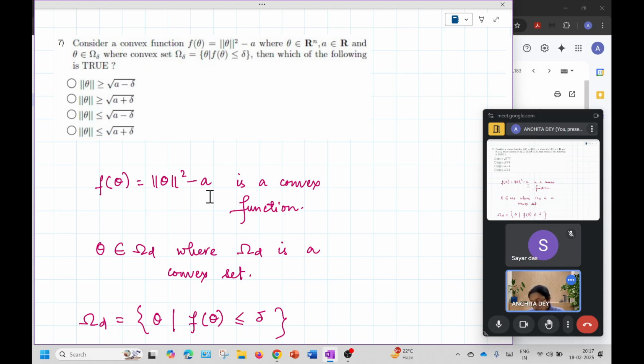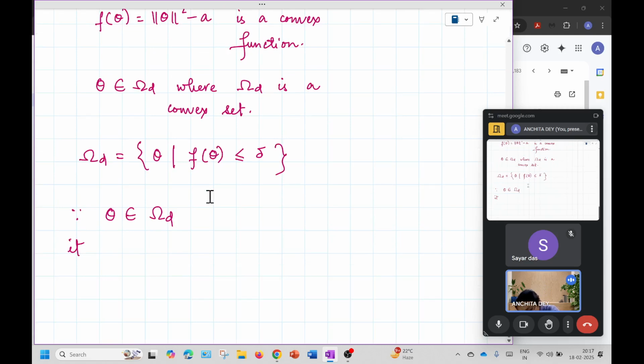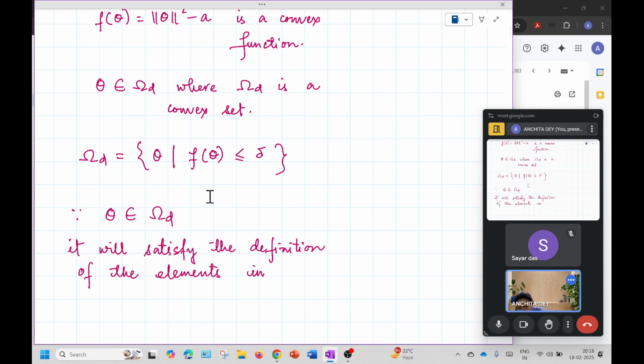Since theta belongs to omega d, it will satisfy the definition of the elements in omega d. This is only a set notation, just to make it clear.